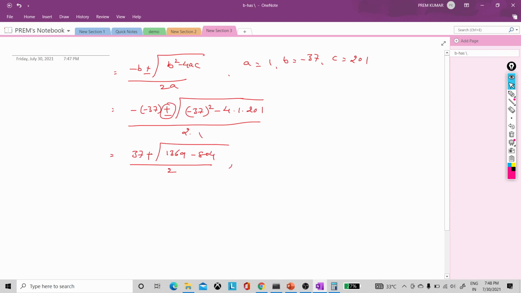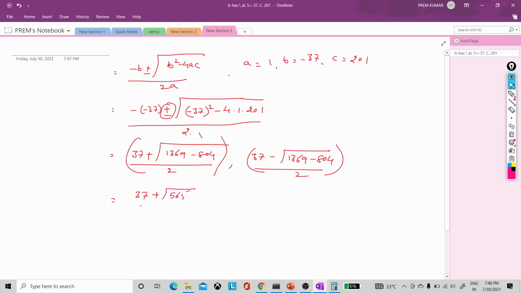Actually this is plus or minus, that's why first we take the plus, then next we take the minus. So 37 minus root of 1369 minus 804, divided by 2. This is one root value and this is the other root value. If you solve this equation, 37 plus root 565 by 2 and 37 minus root 565 by 2.